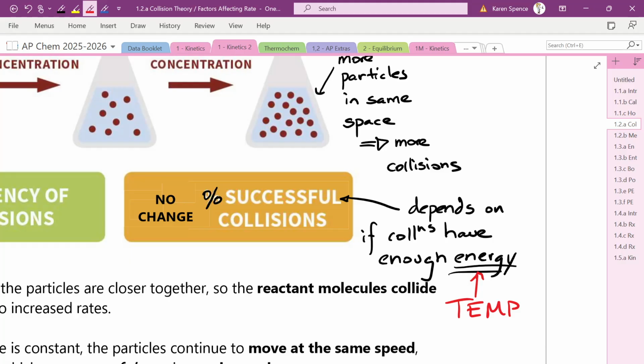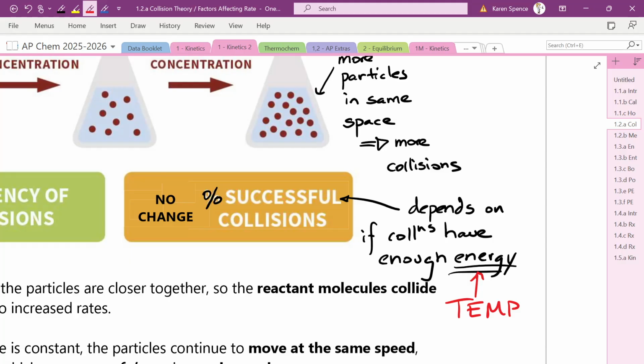If we increase concentration, have we increased the temperature? No, right? If I have a drink mix and I put a little bit in some water and I stir it around, it is at the same temperature as if I put a whole bunch in and stir it around.